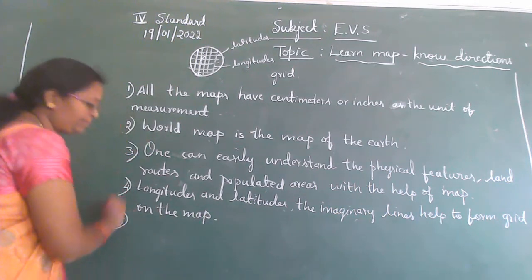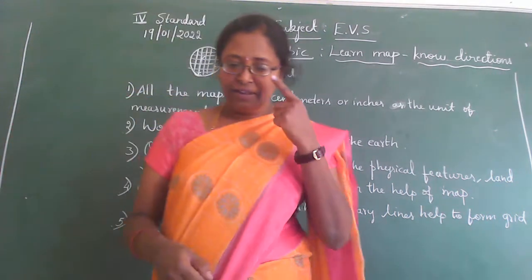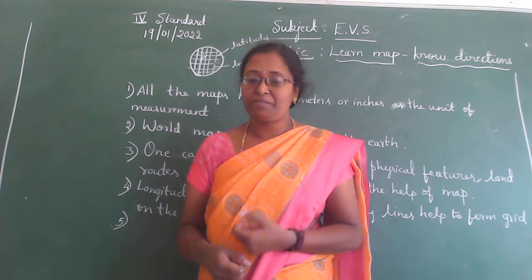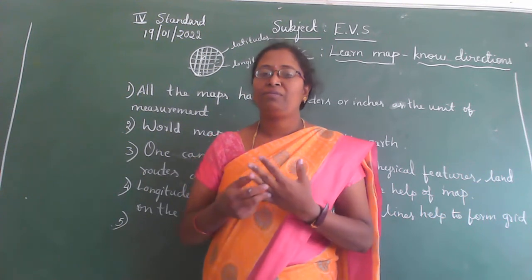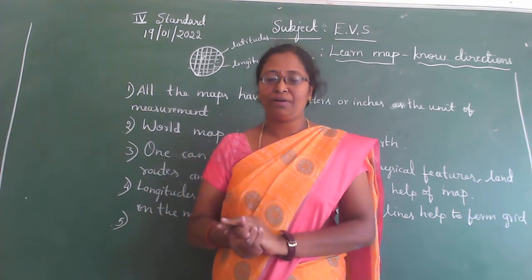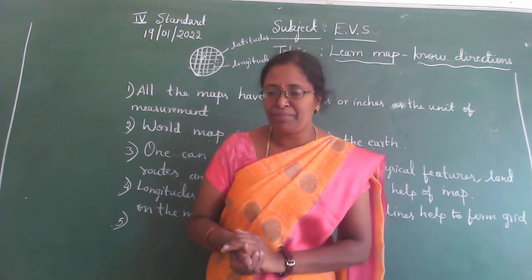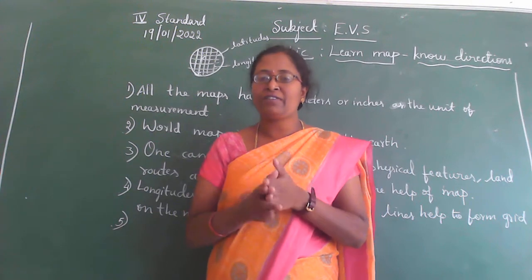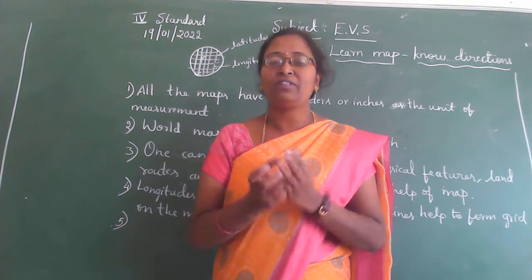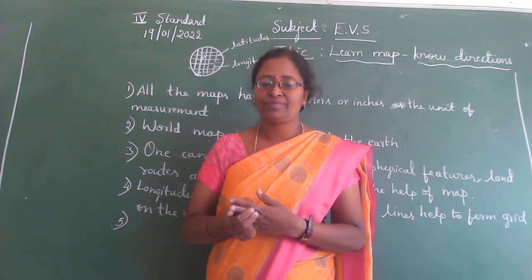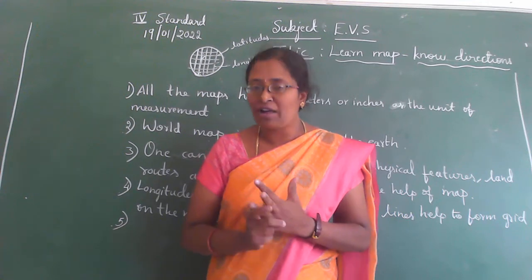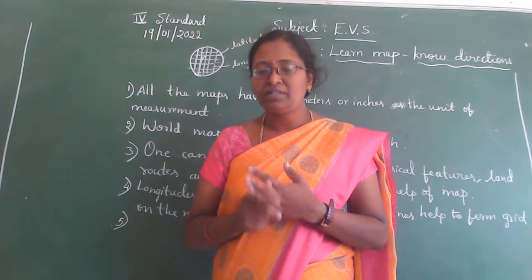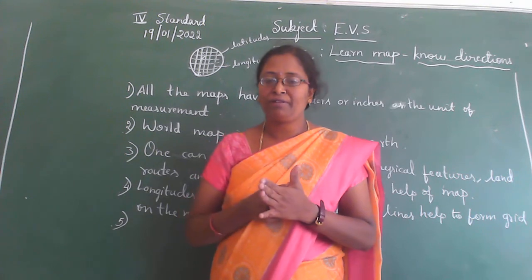Okay, then there are different types of maps. A number of maps are available. For example, the physical map shows the physical features of the land. Then the soil map.